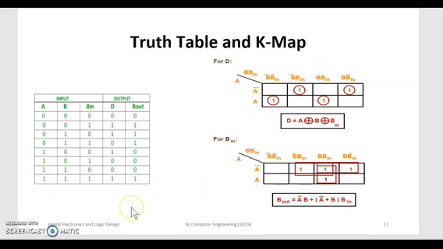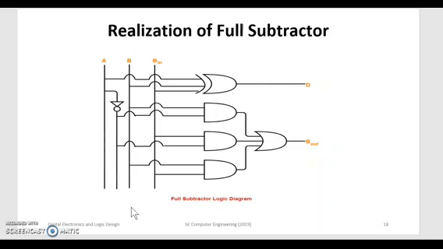Let us check the realized circuit. For difference, we have the equation A XOR B XOR B in. So this XOR gate has these 3 inputs A, B and B in.